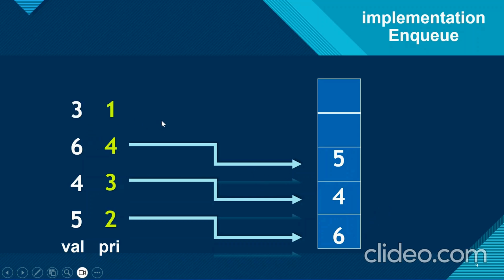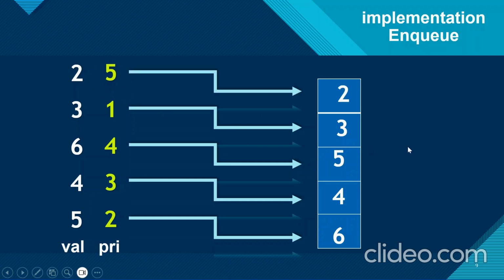Next 3 would be inserted as it is because the priority is less than all the elements that are currently in the queue, right? So no change of order of elements would take place in case of 3, but here a massive change is expected because the element 2 has the highest priority among the elements which are currently in the queue. So what should happen?